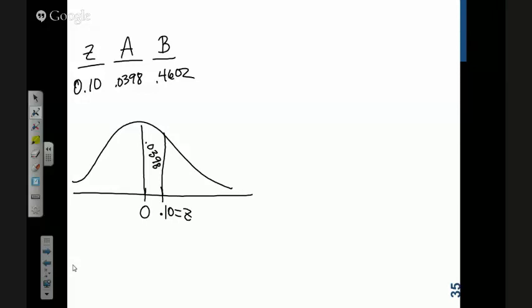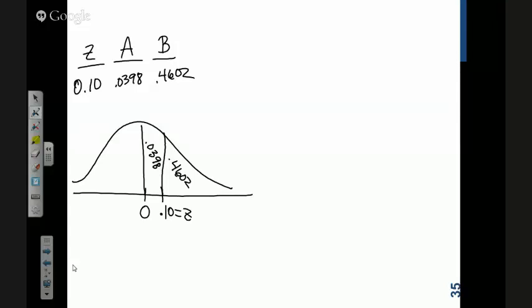And B column is the area beyond that Z. So this is 0.4602. If we're thinking in terms of areas under the curves.